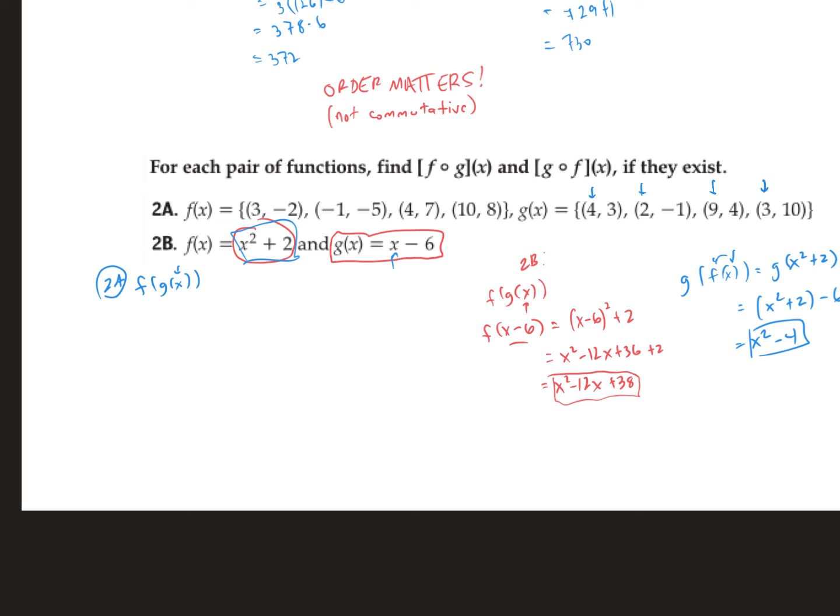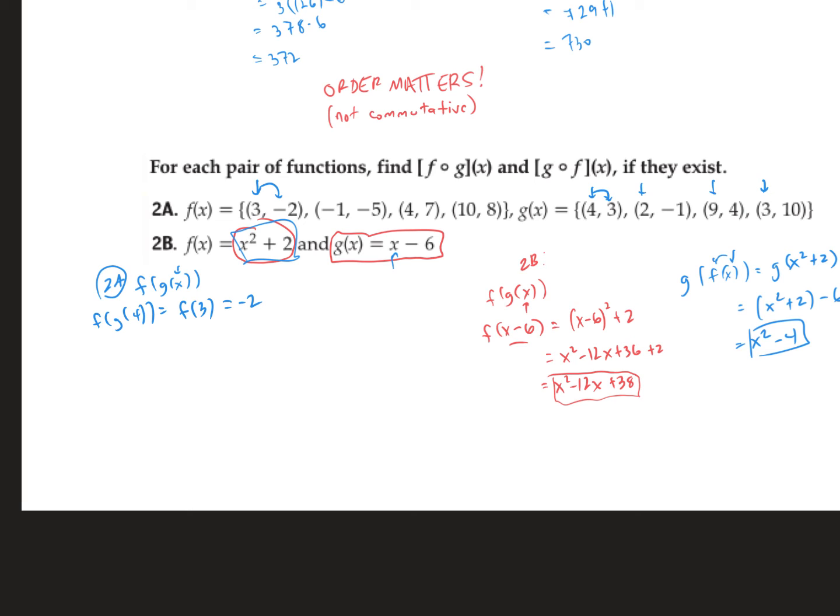So let's see. If I want to find f of g of 4, g of 4 is 3. So then I want to plug 3 into f. So I look at f and I say, okay, 3 is here, f sends 3 to -2.